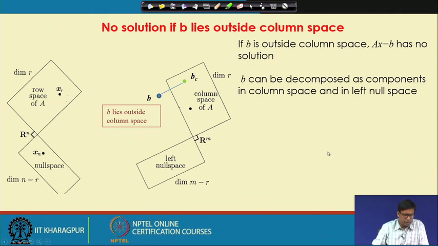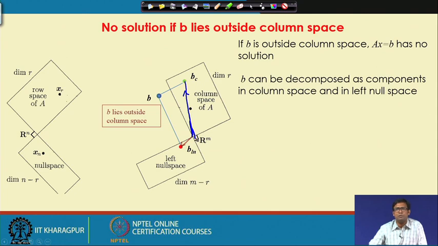So, we project b onto the column space and we get a vector b_c. So, this is the projection of b on the column space, and we can also make a projection in the left null space, and there will be another vector b_ln which is in the left null space.